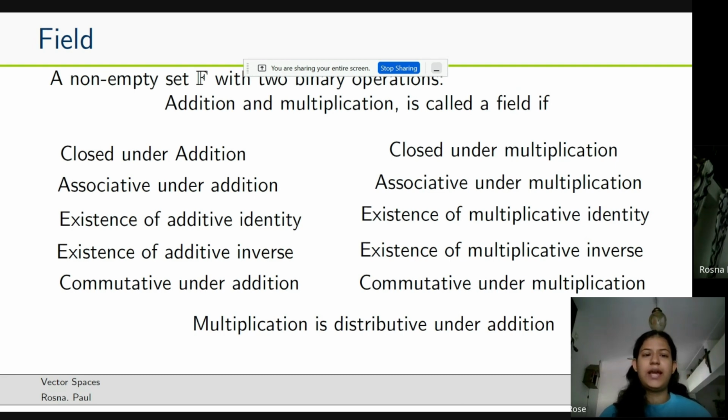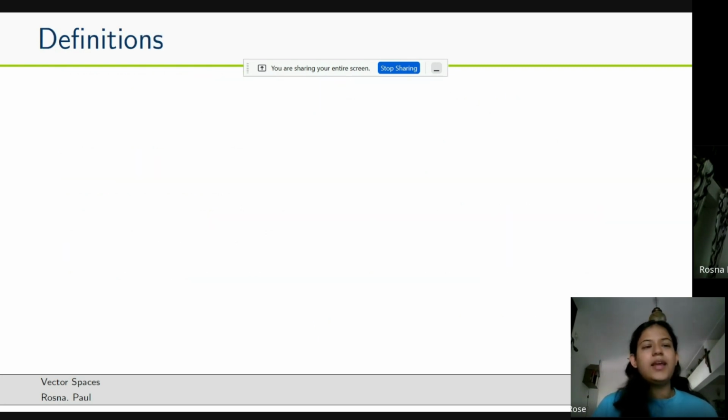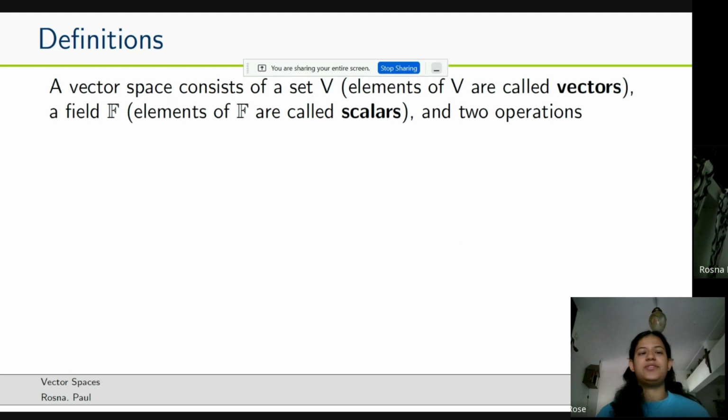The elements of a field have very nice properties, and usually in this talk we only consider either real numbers or complex numbers. Otherwise I will mention it. So don't worry about this. If you didn't understand anything here, you can still follow the rest of the talk. Okay, let's move on to the definition.